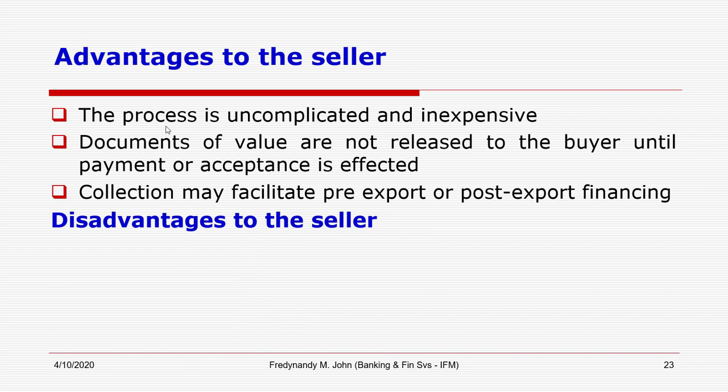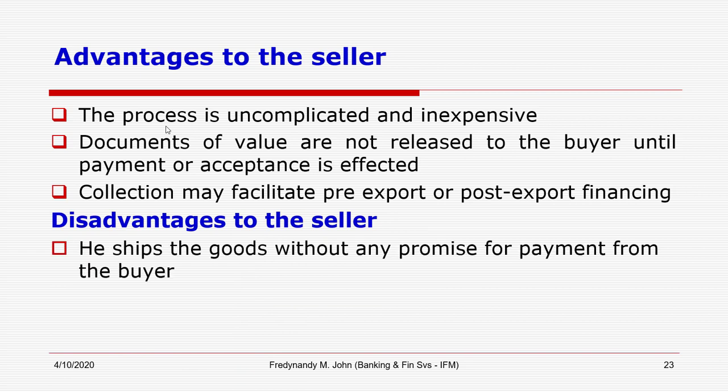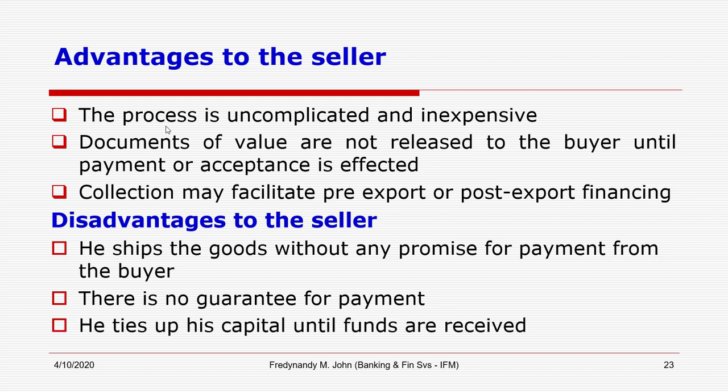And what about the disadvantage of this method to the seller? Number one, he ships the goods without any promise for payment from the buyer. That is to say, even though they have an agreement, remember, these two gentlemen do not know each other, so the buyer can simply disappear. There is no guarantee for payment, and since this is some kind of credit sale, the exporter will be tying up his capital until he has received the funds.